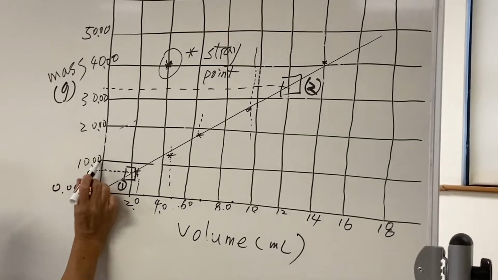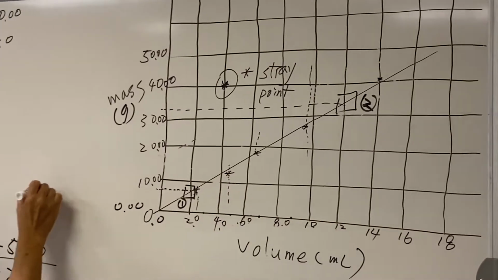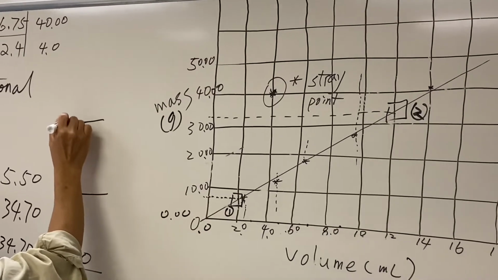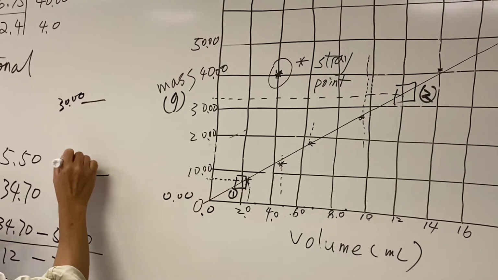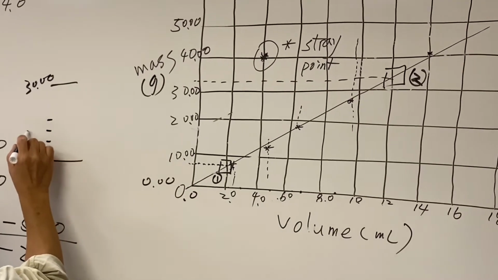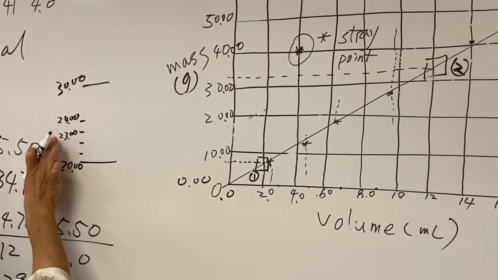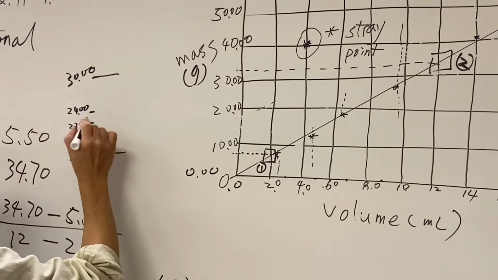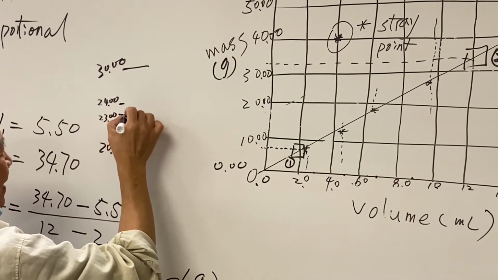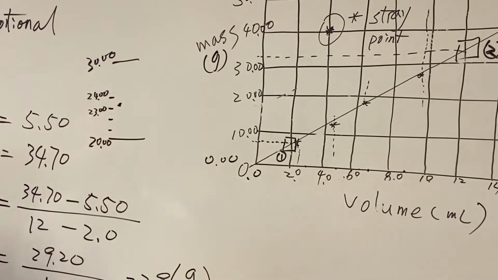So 10 is here, 20 is here, 30 is here. So 21, 22, 23, 24. It's somewhere past 23 but below 24. So 23 is here, and remember 75, you have 2. Very good.